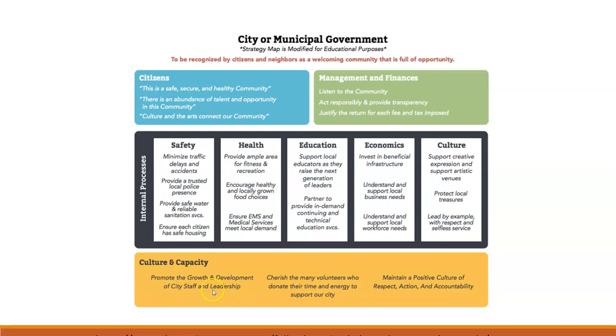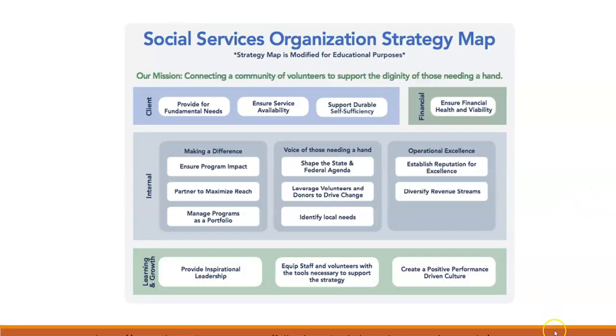Make sure that every single staff goes to one training a year if you aren't currently doing any trainings. So making sure that that has a measurable incentive tied to it, which is that KPI or the key performance indicator. So let's look at another example.